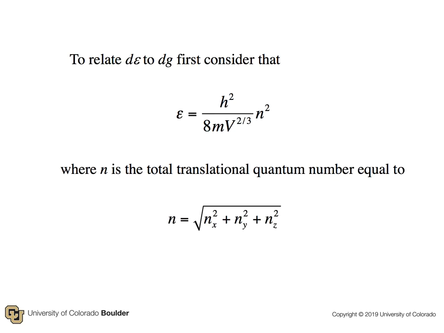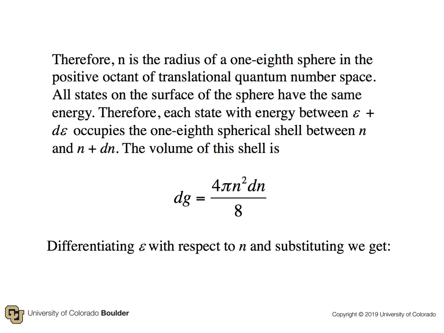So to relate d epsilon to dg, consider that we can write the energy as h squared over 8mV to the 2/3 times n squared, where n is the total translational quantum number, and n squared is equal to the sum of the squares of the three coordinate direction quantum numbers.